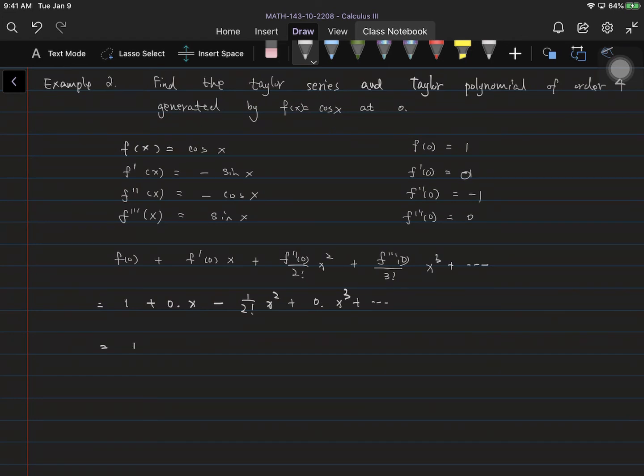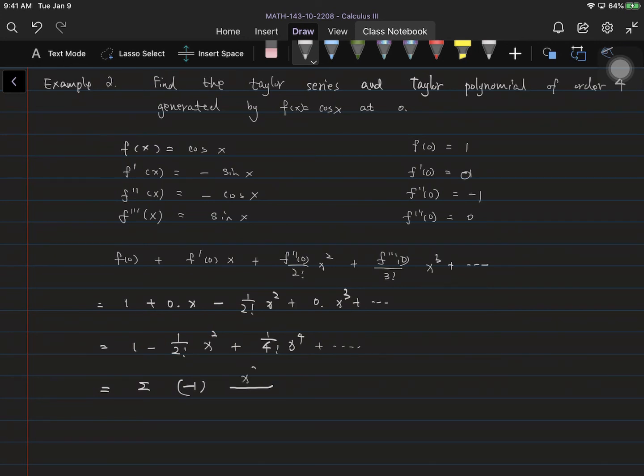Actually, if you do one more term, you will see that's going to be x to the fourth. And the Taylor series in general is going to be negative 1 to the n, you can see only the even terms are left, right?